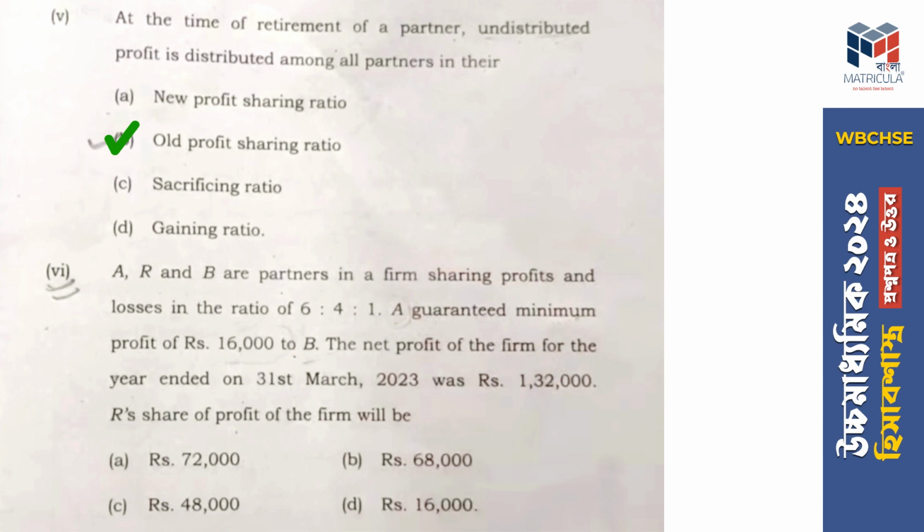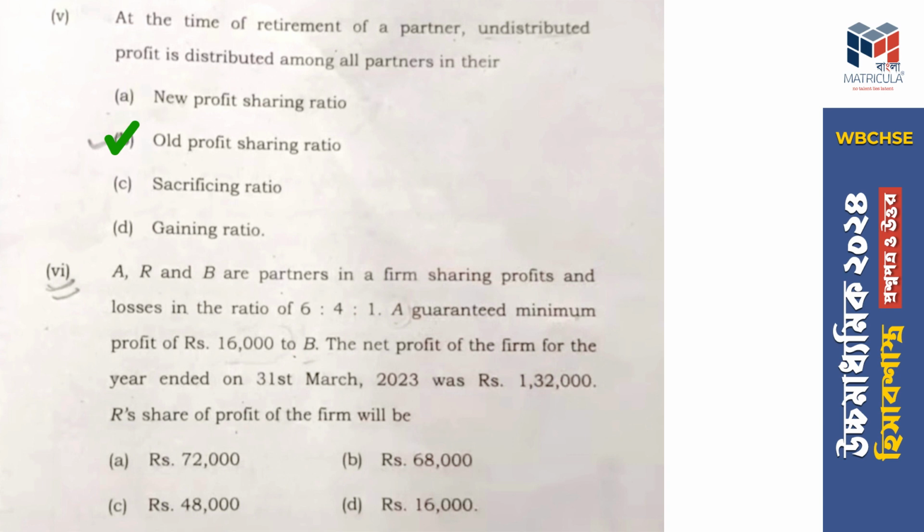Number 6, A, R and B are partners in a firm sharing profits and losses in the ratio of 6:4:1. A guaranteed a minimum profit of rupees 16,000 to B. The net profit of the firm for the year ended on 31st March 2023 was rupees 1,32,000.